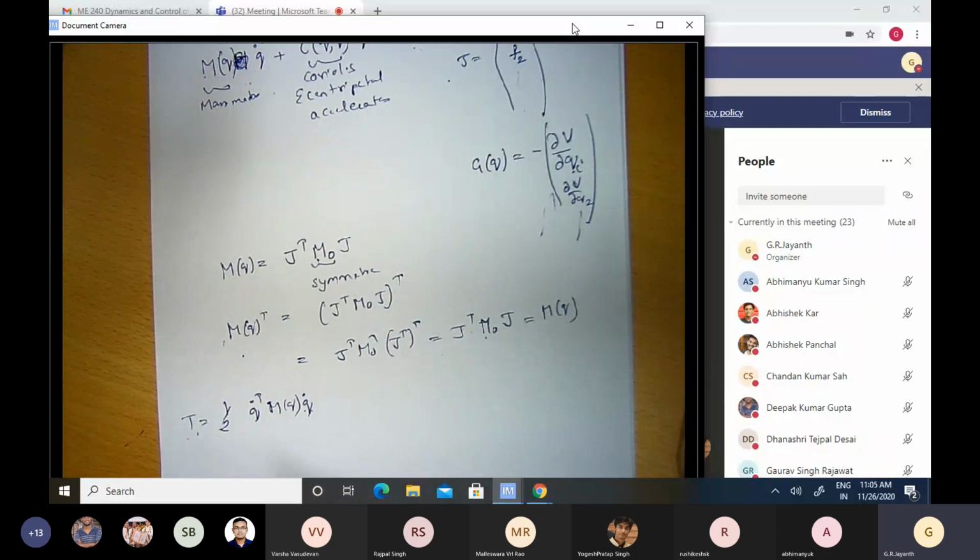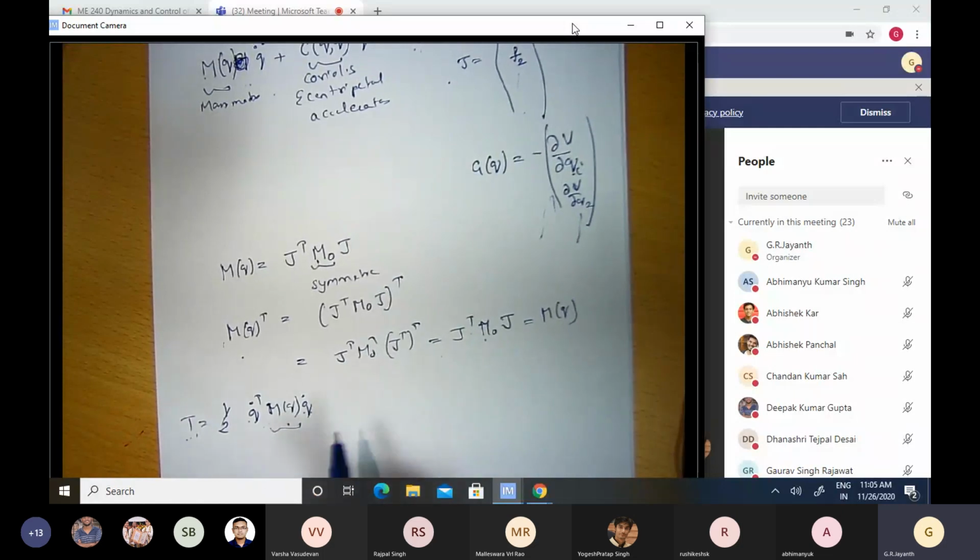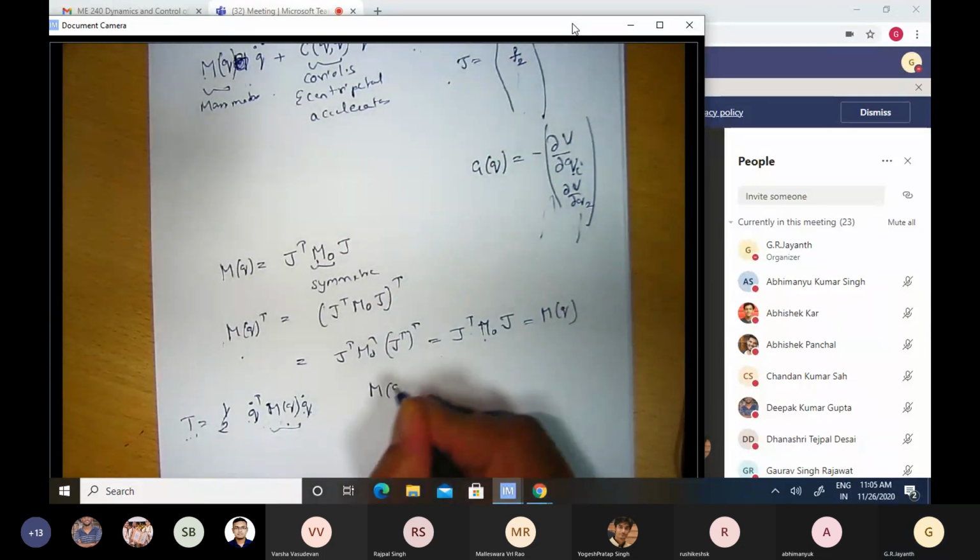Okay, and as a consequence, I don't want to get into the mathematics of it. This is called a positive definite matrix. If M of Q is a positive definite matrix, then Q dot transpose M times Q dot will always be a positive number, and kinetic energy is always a positive number. As a consequence, therefore, M of Q is a positive definite matrix.